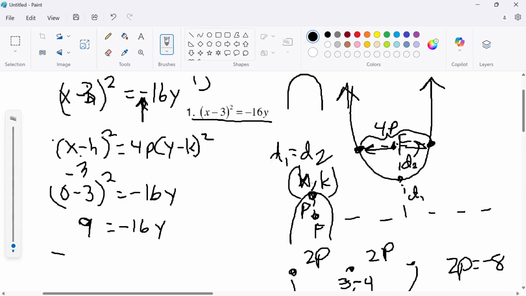And then I've got -9/16, which is, let's see, 4 times 2 is 8, 2.25 over 4. Boy, it's close to 1/2.